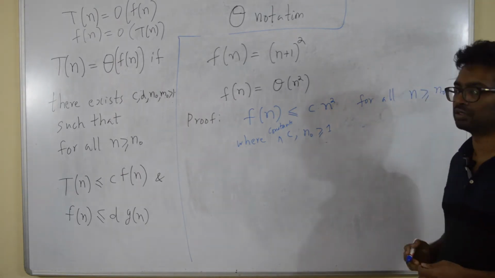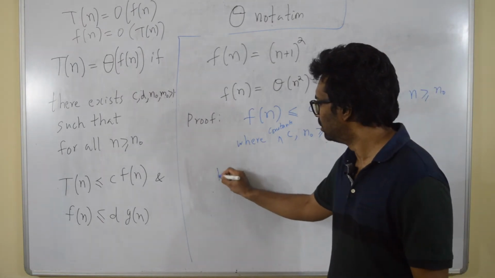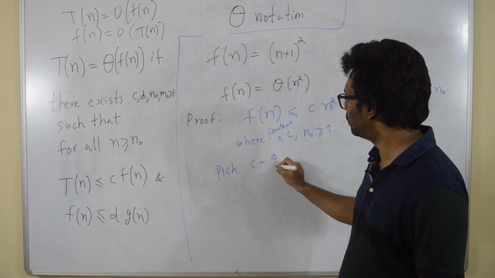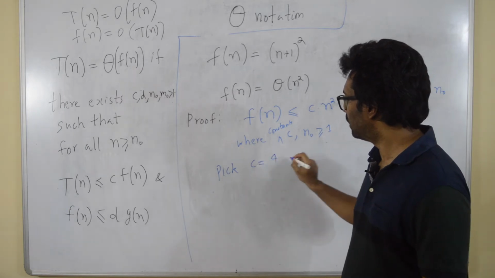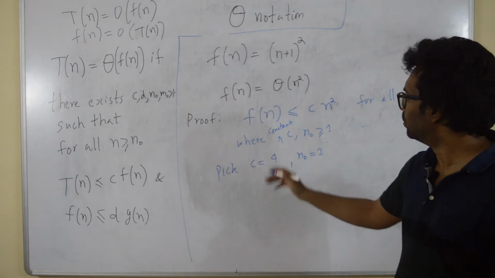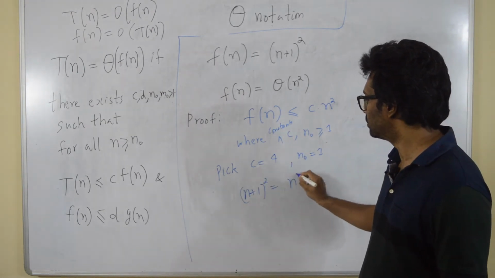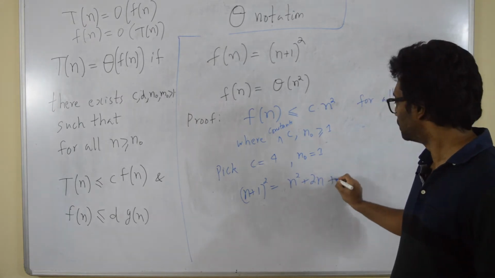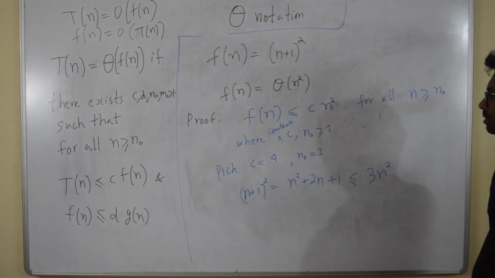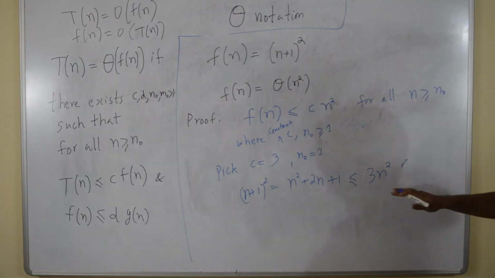So you have to show something like this. Is this easy? This is easy, right? You pick c to be 4 and n0 to be 1. What happens? You have (n plus 1) square equal to n square plus 2n plus 1. This is less than or equal to 3n square. So I could have even taken c to be 3. Okay, so therefore we are done.